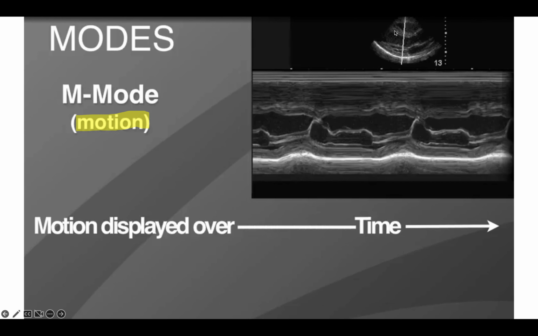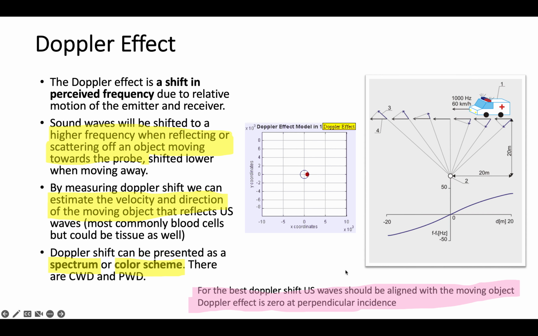So this is the septum, this is the wall of the left ventricle, and this line represents movement of the anterior mitral leaflet. Here we see this movement in time, and we can measure the E-point septal separation. So a very handy, useful mode.